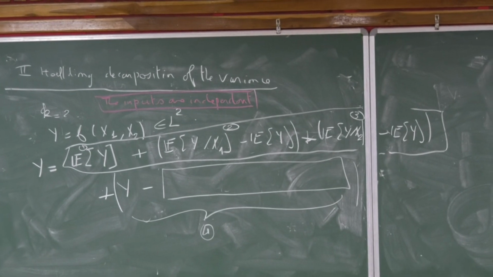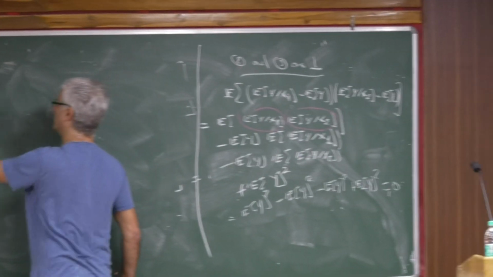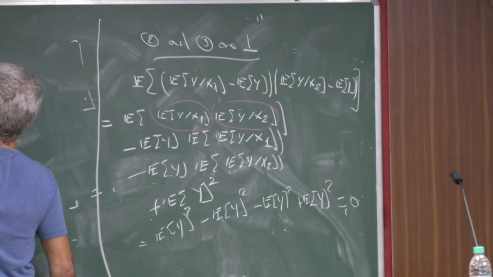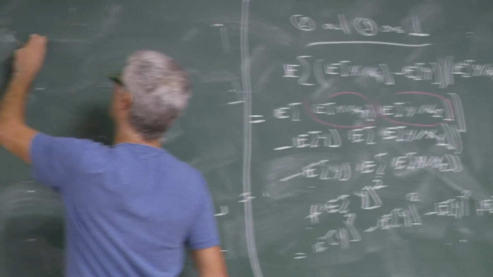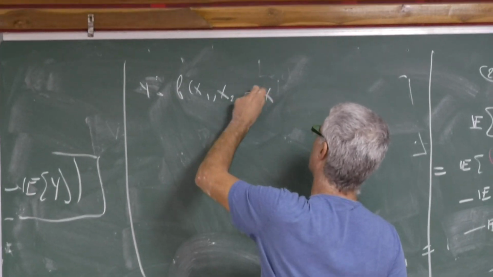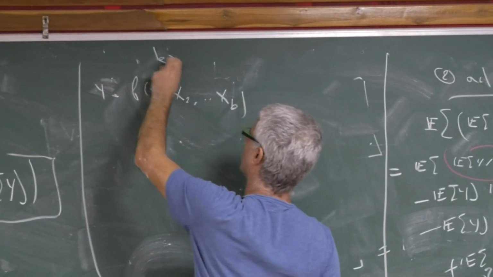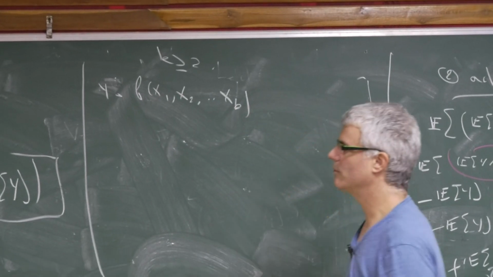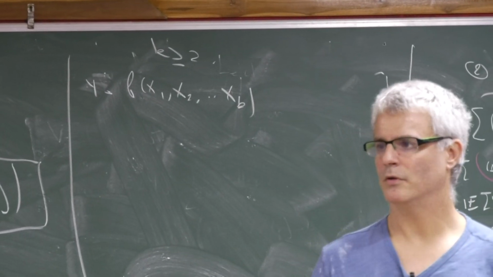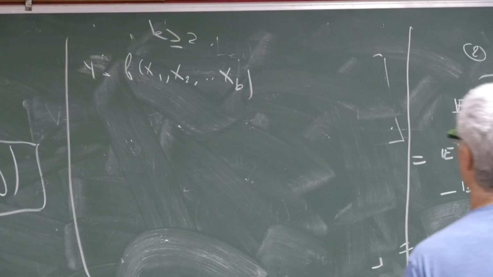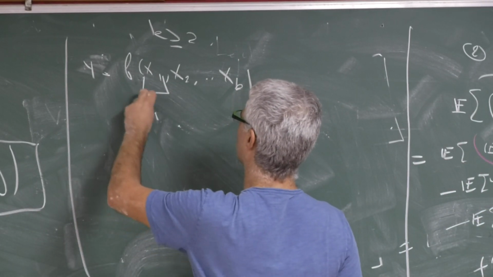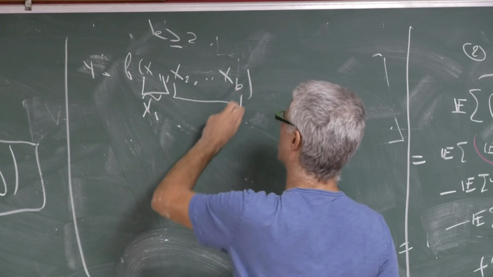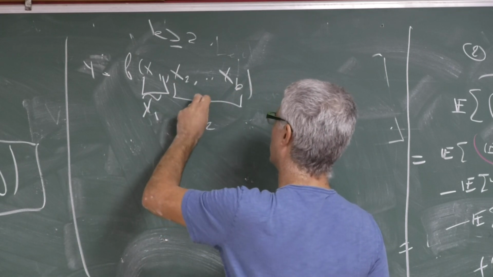Okay, so now what is happening if there are more than two inputs?